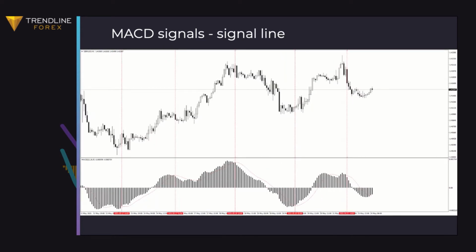Then also you can use the signal line as another way to enter. I mean, when the line goes over or below the histogram, that's also a buy or sell signal. And this time you get an earlier signal because when the histogram goes over the level 0, you see that we've already had a signal from the red line as it is below the histogram, which means a buy signal.